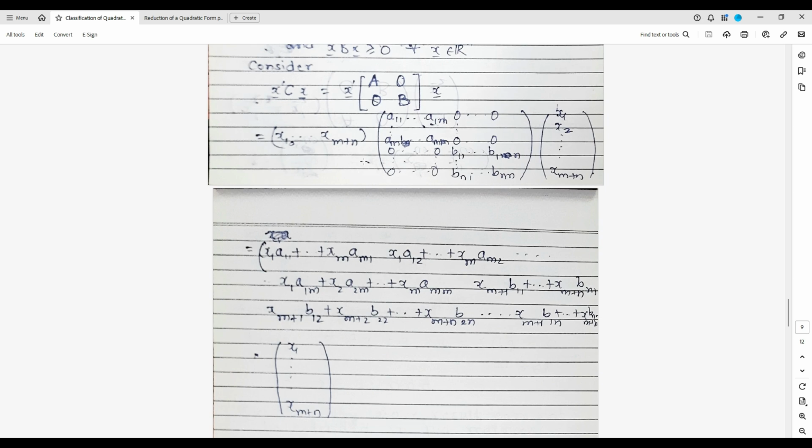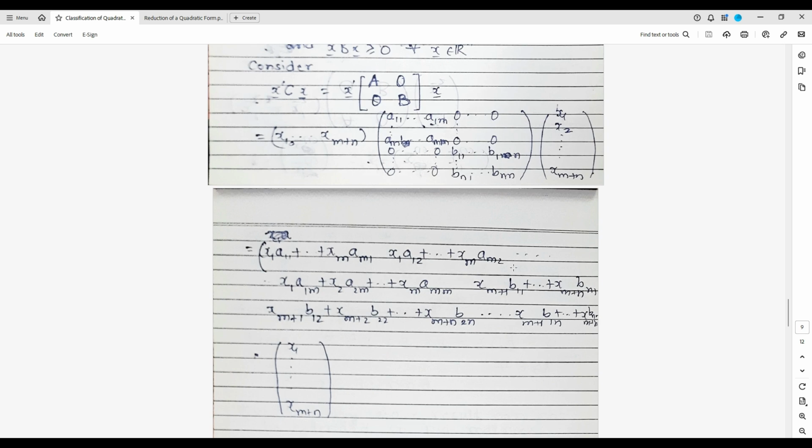The first element in this row vector will be the addition of these m terms. The second element would be the addition of these m terms and so on. And lastly, the last element in this row vector will be the addition of these terms. So the first term would be xm plus 1 into b1n plus and so on. Lastly, it would be xm plus n into bnn.